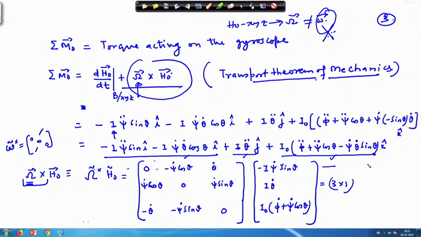Okay. So, the first component here will be the x component, y component, and z component. So, this x, y, z and the x, y, z here can be added, and then you will get this capital M 0. So, I will write in that format only.